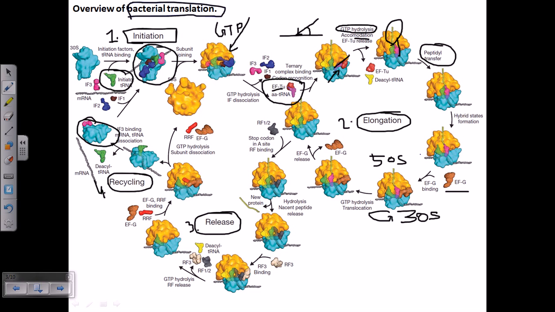We have three windows: E, P and A. What was present in P moves to E, and what was present in A moves to P. So the amino acyl tRNA previously in A, and the initiator tRNA in P, now due to this shifting movement, the green initiator tRNA moves to the exit site and gets disoriented, and this amino acyl tRNA is placed in the peptidyl transferase or P site. So this type of movement is done.